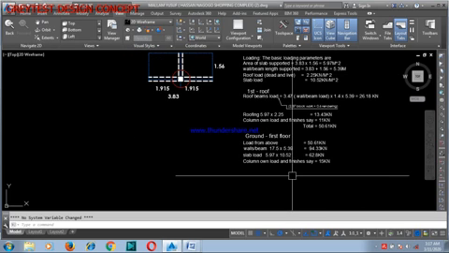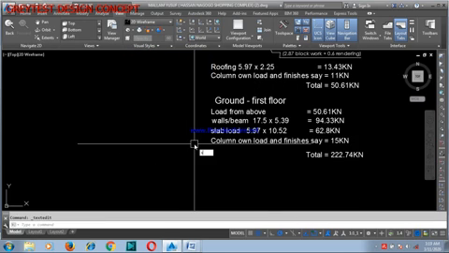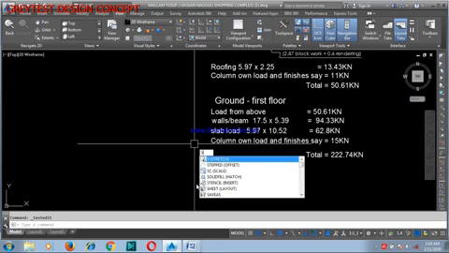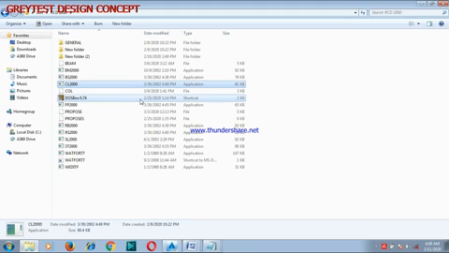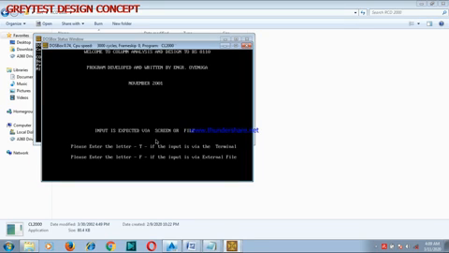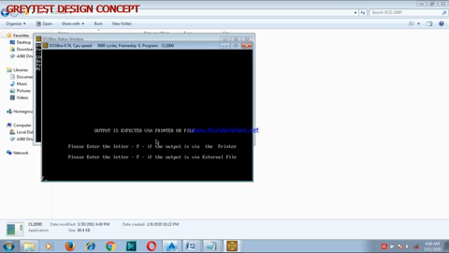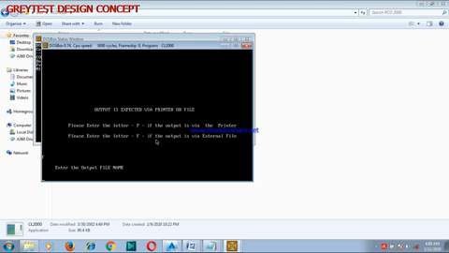Now if that is correct, you drag the column and drop it. T, enter, F, enter. Output name, column 001.